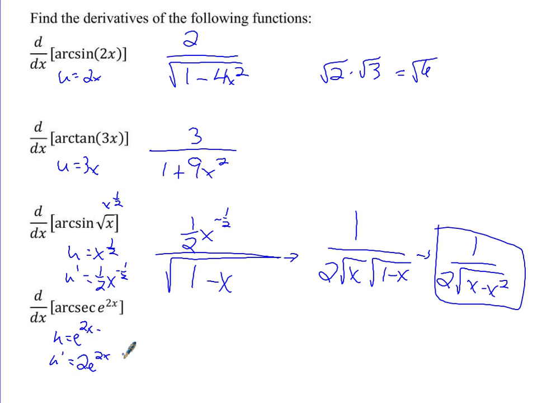So u prime on top, 2e 2x, divided by absolute value of u, which is e to the 2x. Okay, so secant was what? U squared minus 1. So we have e to the 2x squared.